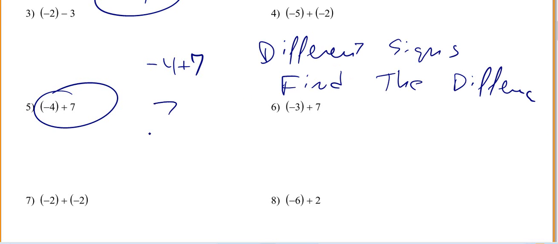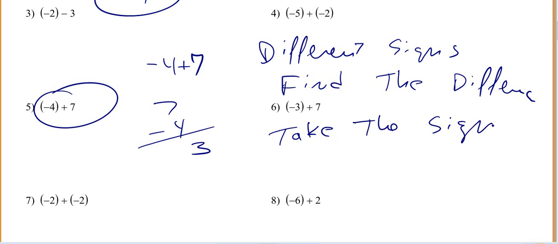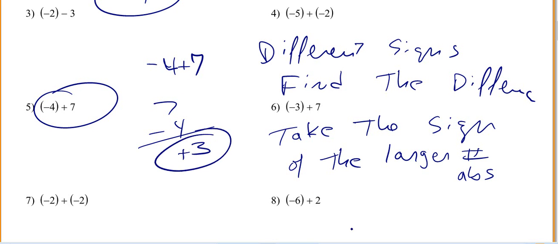So we're going to take 7 minus 4, which is 3, and then you take the sign of the larger absolute number. That's plus, right? So our answer here is a plus 3.